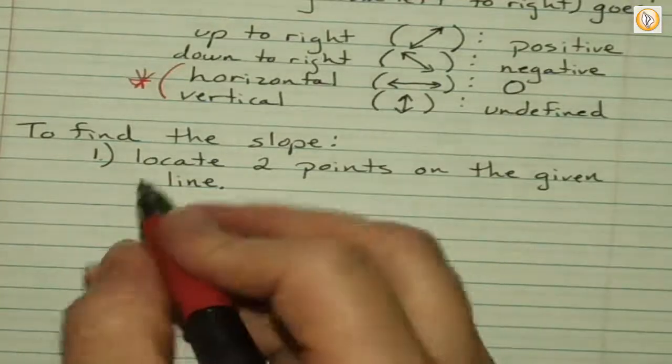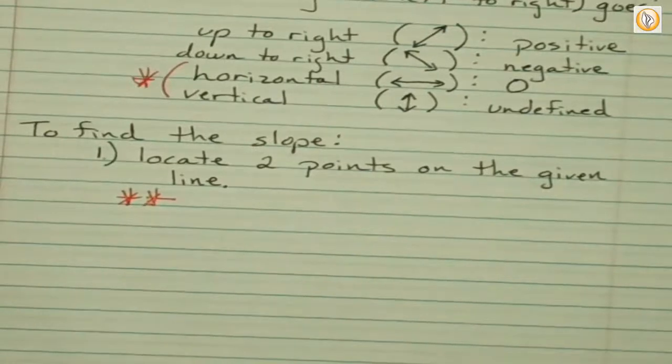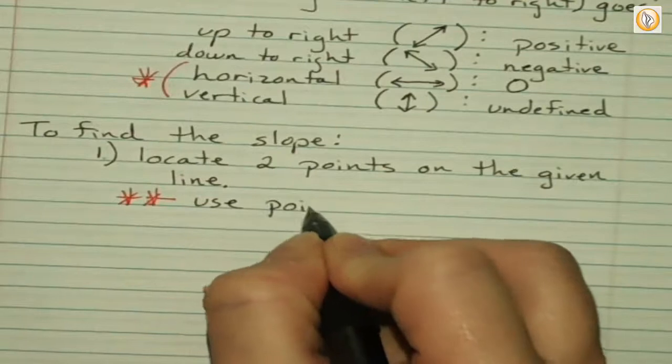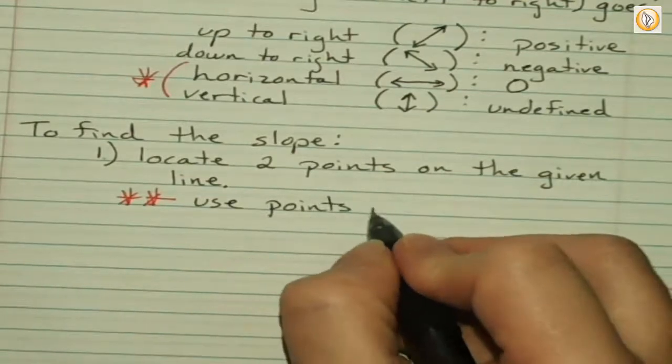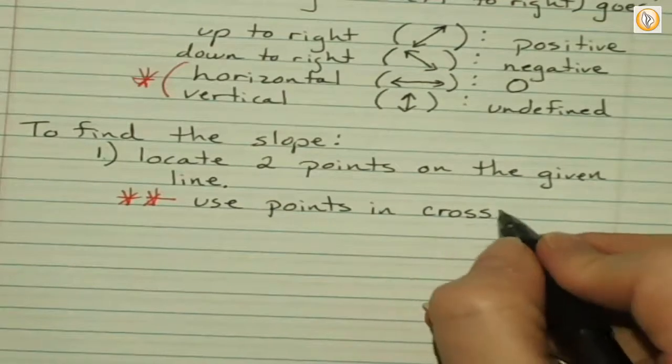Now, put 2 stars here. Use points in crossroads.